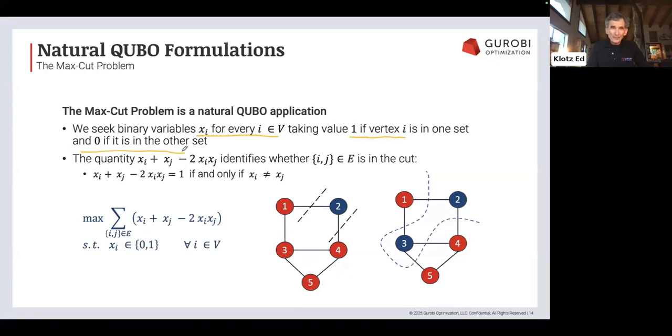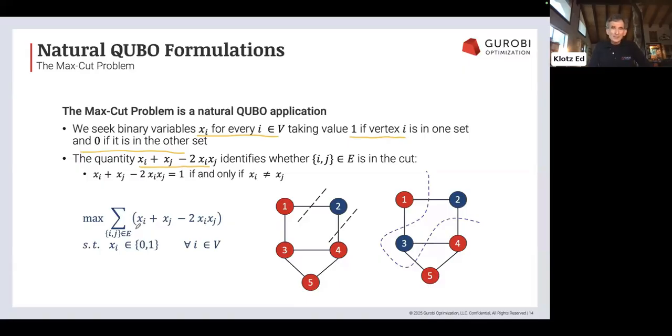So with that definition, if we consider the quantity xi plus xj minus 2xi times xj, what we see is that when the two variables are in the same set, i.e. they're both either 0 or 1, this expression evaluates to 0. But when they are in different sets, in other words, one's 1 and the other's 0, they evaluate to 1.